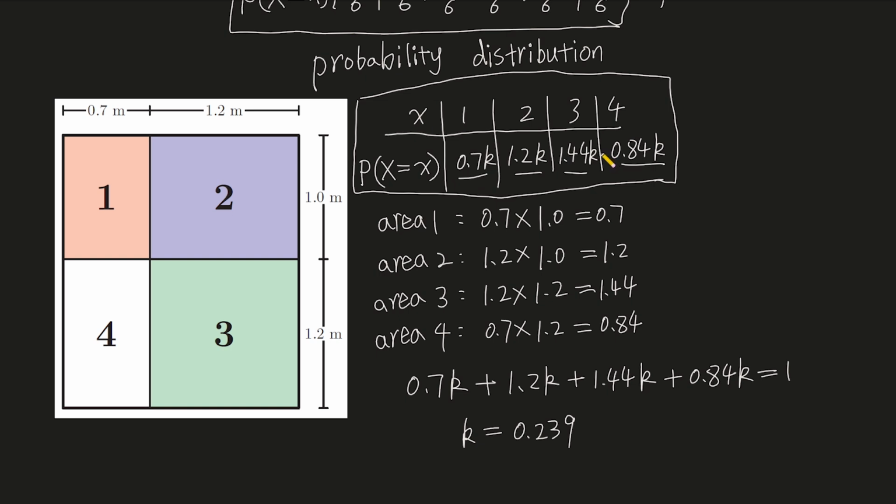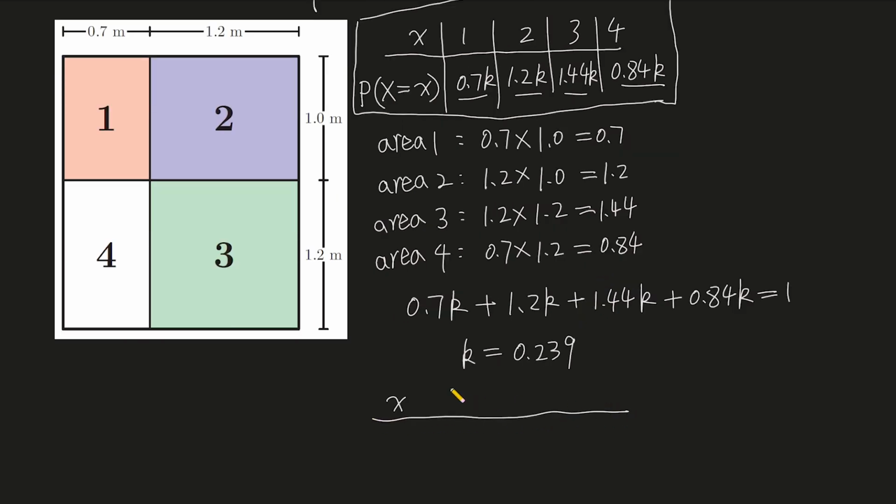Now we put the value of k back into these terms. We will get the final probability distribution. Here is x: 1, 2, 3, 4.